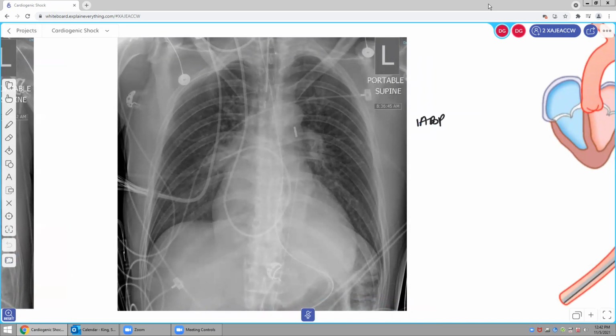How do you know? If you have an axillary balloon pump, do you have a marker on the other side?